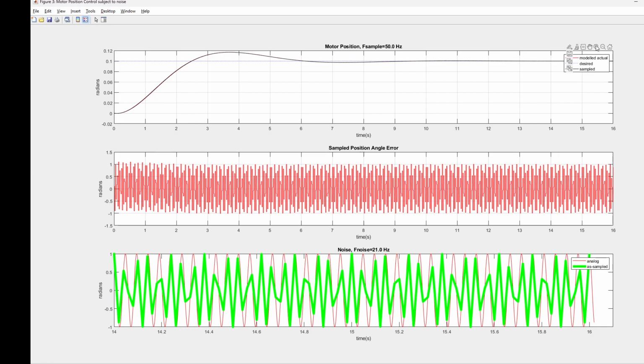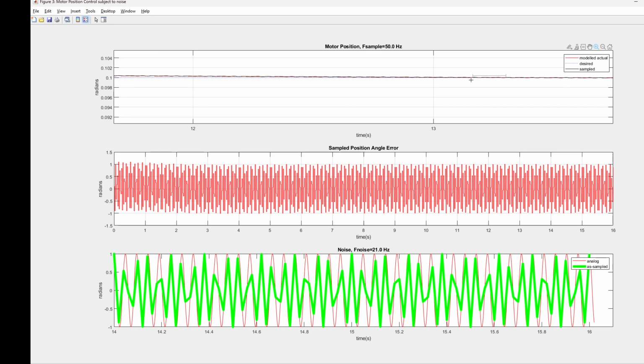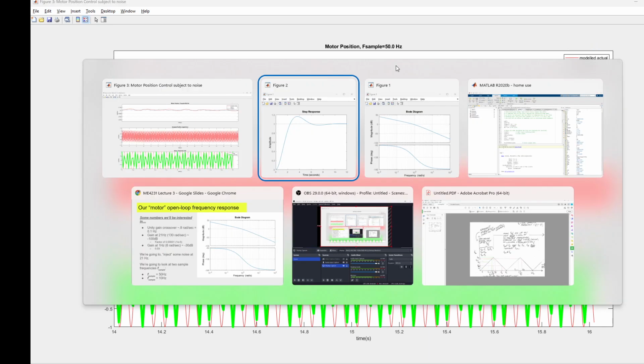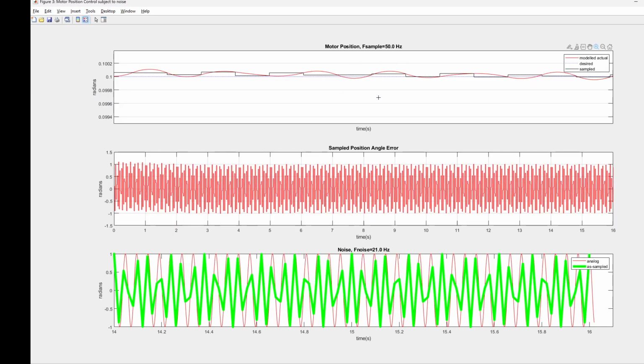So it's a ridiculous amount of noise, but it's intended to show the effect. If we were to look back at our gain estimates, this peak to peak here would be indicative of what we expect at that 21 hertz, where we were 100 dB down.